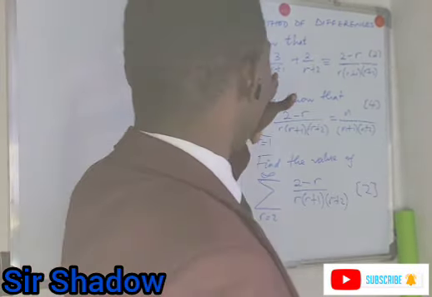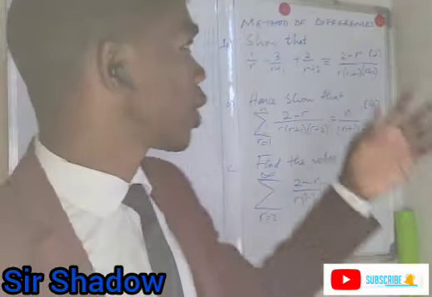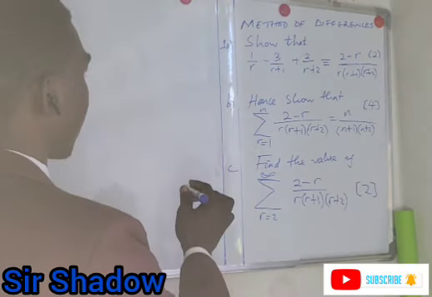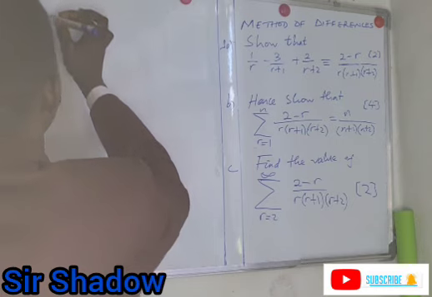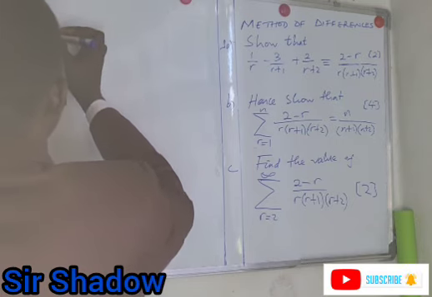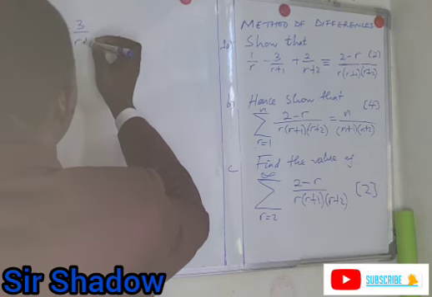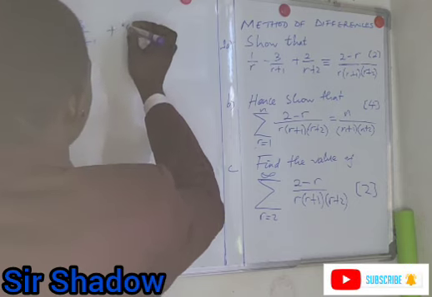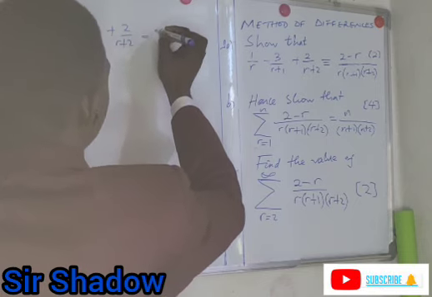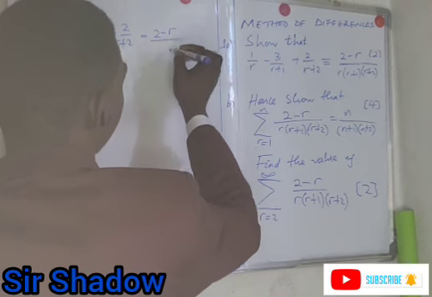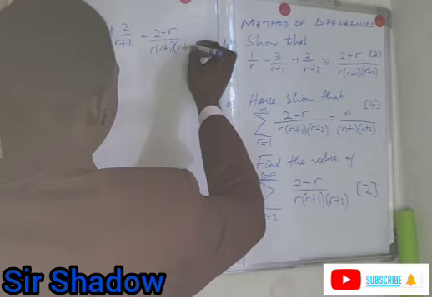Alright, so let's first attack the first part, right? The first part asks us to show that 1 over r minus 3 over r plus 1 plus 2 over r plus 2 should be equal to 2 minus r over r open bracket r plus 1, r plus 2.